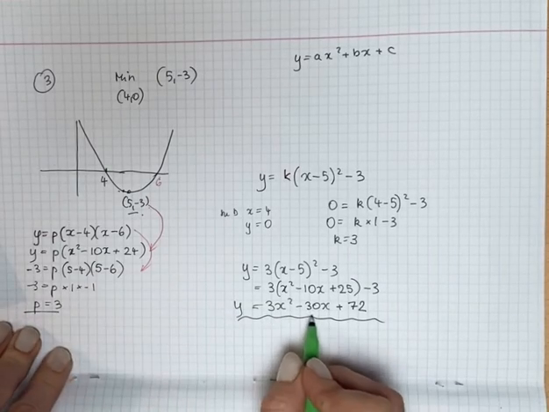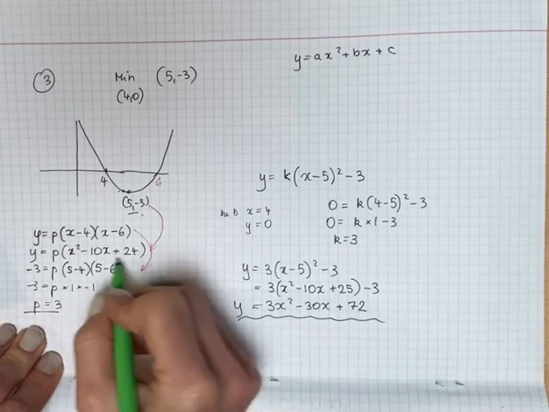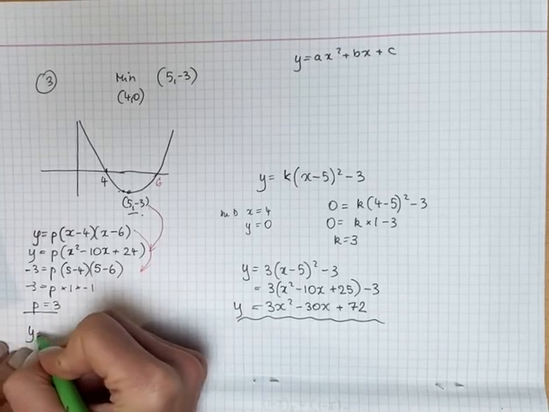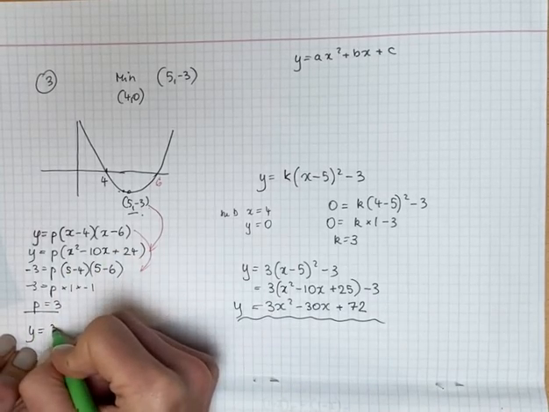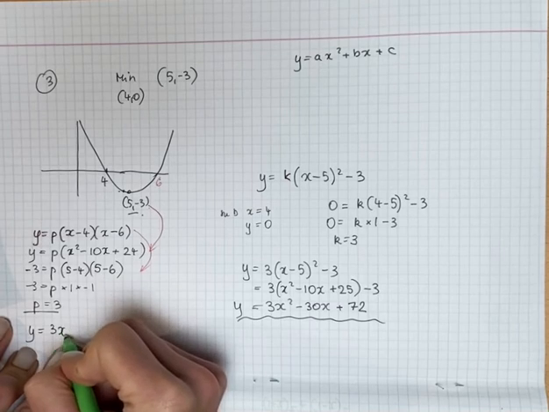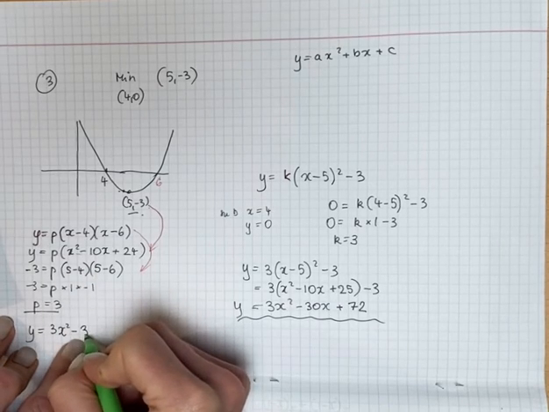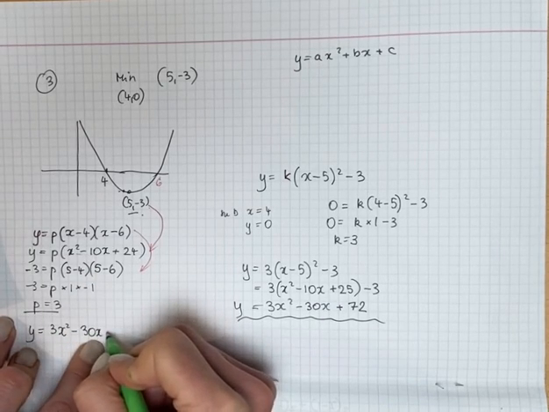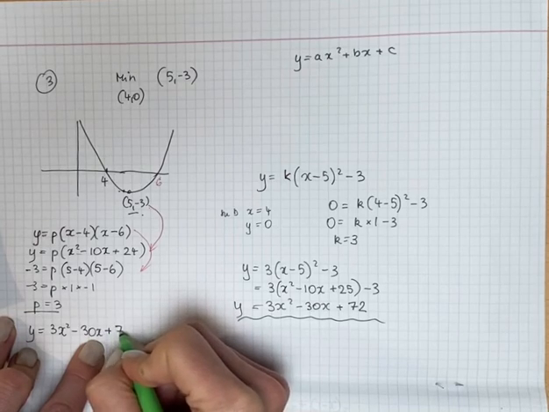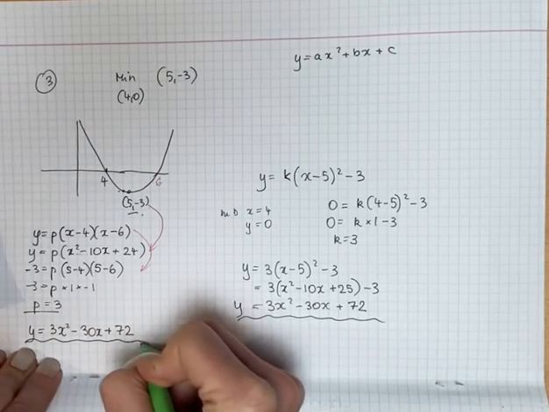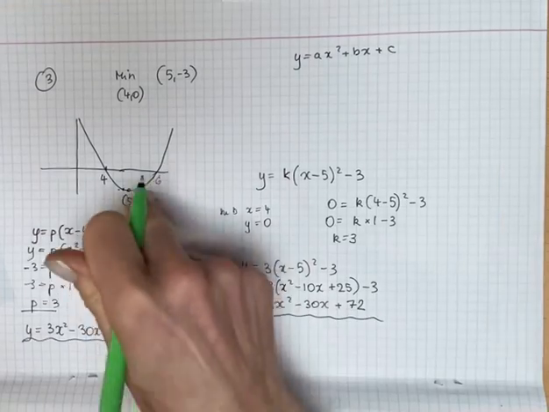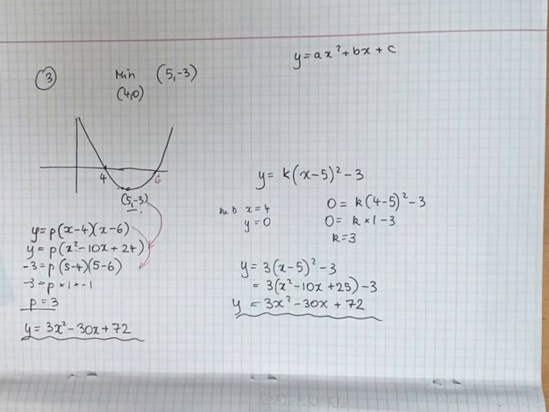We did have 3 here, so if I now expand that, multiplying this expansion by 3, I'll have 3x squared minus 30x plus 72. So that's just another way of doing it, but that involves sketching the graph for yourself.